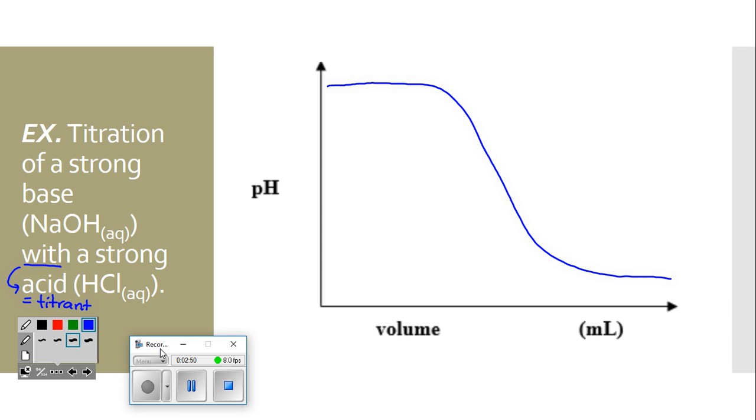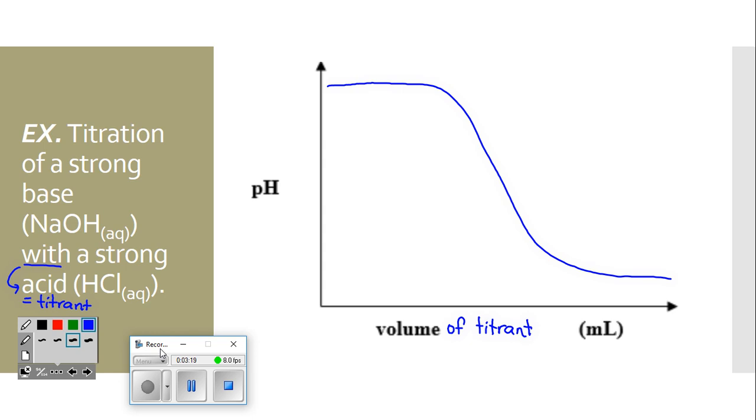The volume along the bottom is always the volume of titrant that has been added. Sometimes a diploma question literally is asking you, if this is the shape of the pH curve, what was the titrant and what was the sample? And you have to get that I started out with a base and that I was adding an acid to it.